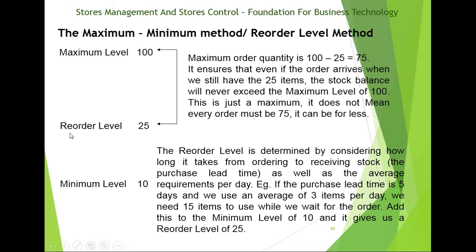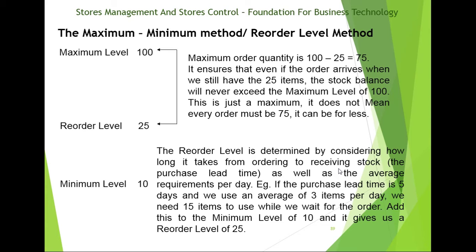Then the reorder level is also determined by some kind of formula, because we want to have enough stock to use while we are waiting for the order, such that as we are using it, we will never go below the minimum level before the order comes. What we do is we take into consideration what is the lead time for that supplier.